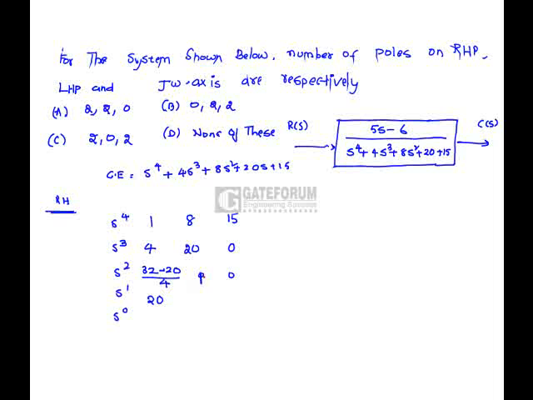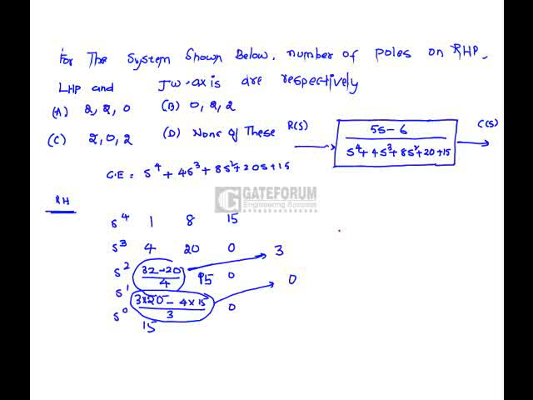Here this is 15. This value is equal to 3. So 3 into 20 minus 4 into 15 divided by 3, 0. This is 15. So the value of this particular element is 0.